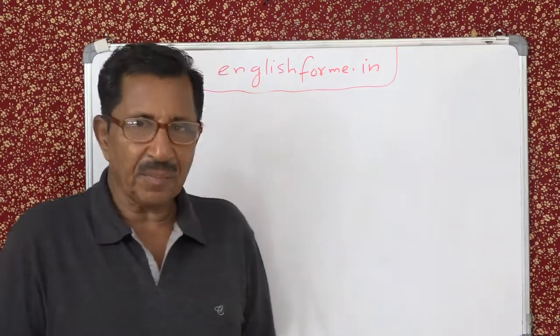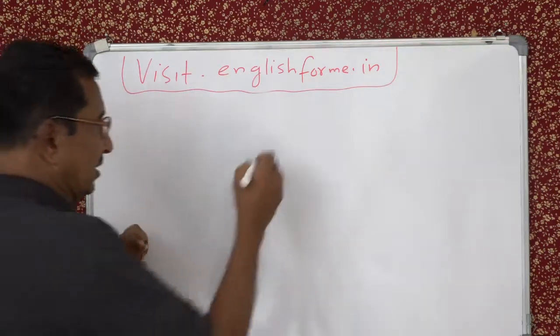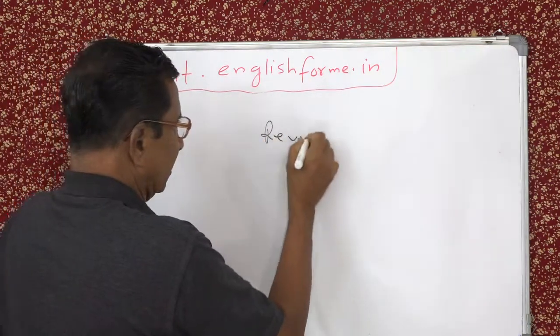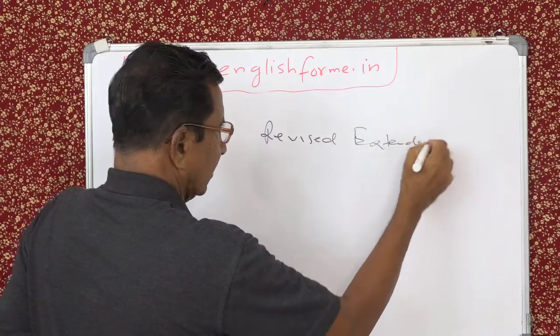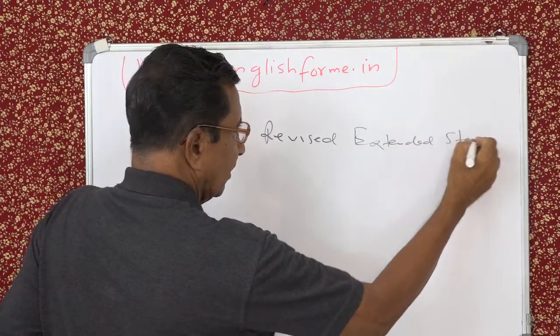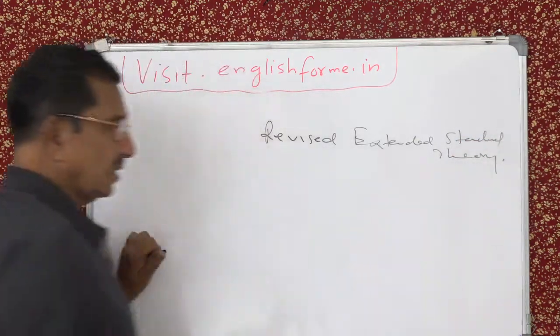Now the next step, next revision is revised extended standard theory, that is the 4th one. So why is it extended standard theory?